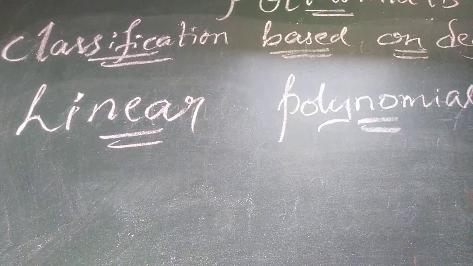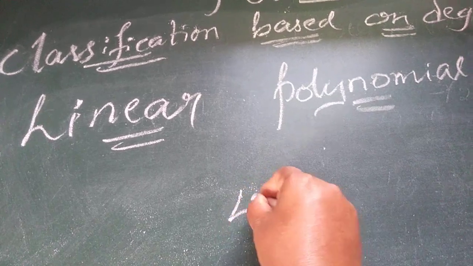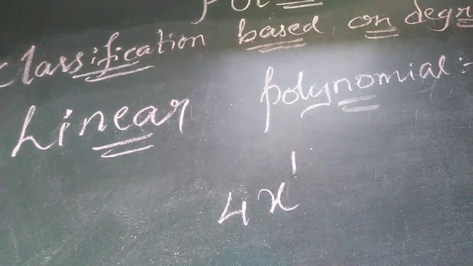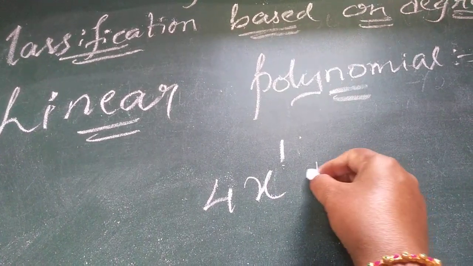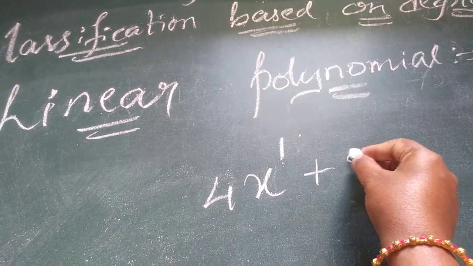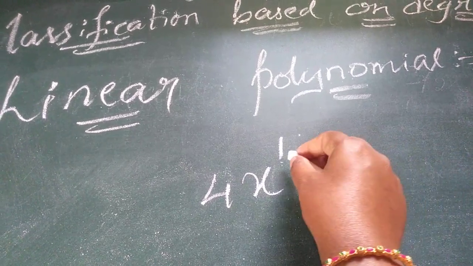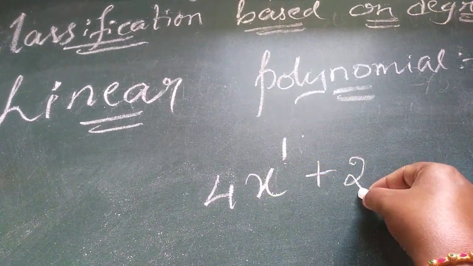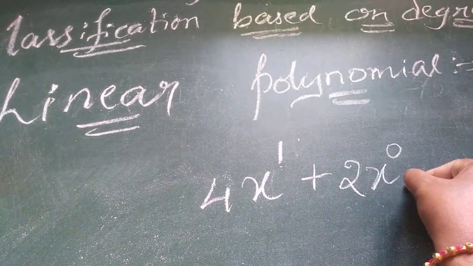Now the next is linear polynomial. The polynomial whose highest power is 1. Okay, children. The linear polynomial will have minimum 1 or maximum 2 terms. The second term will always be a constant because the highest power is 1. When we write in the standard form of decreasing order, we get x to the power of 1 and x to the power of 0. That's all.